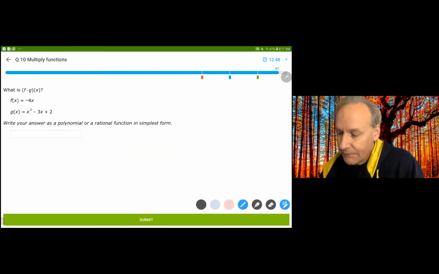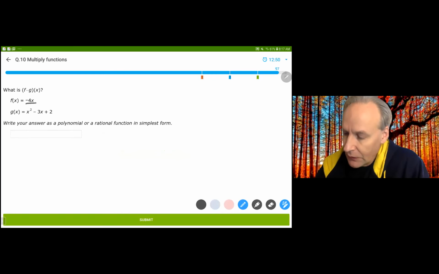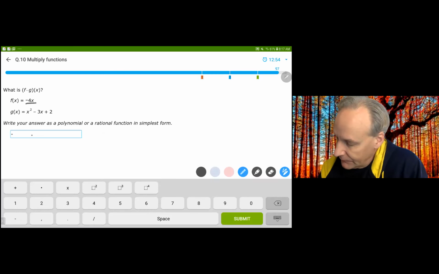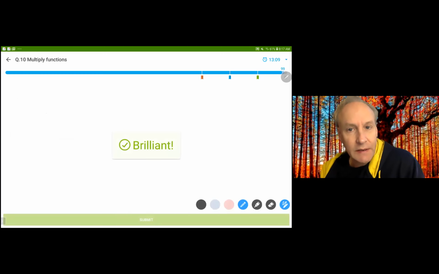Oh, we're going to multiply the minus 4x times all 3 terms. Can you do it in your head? We get a minus 4x to the 3rd, and then we're going to get a plus 12x squared. And then we're going to get a minus 8x. Be sure and try them yourself.